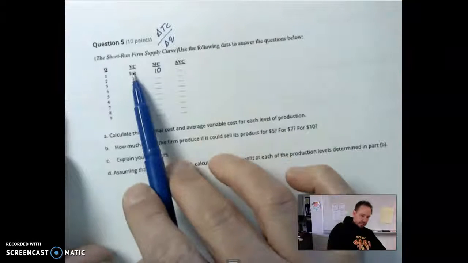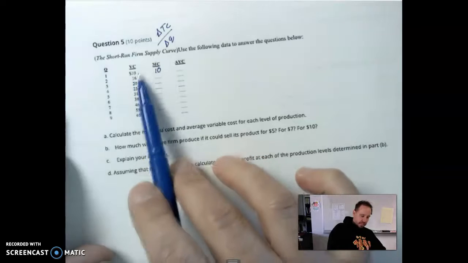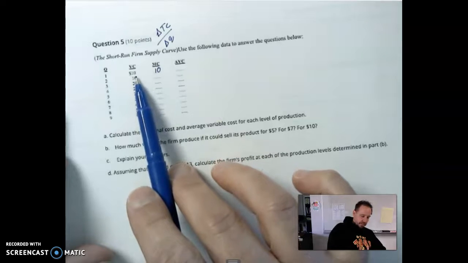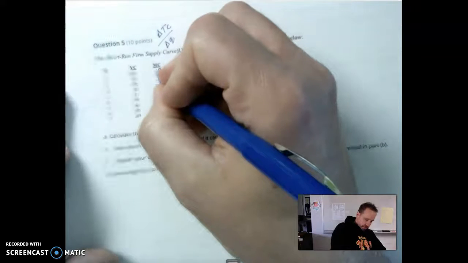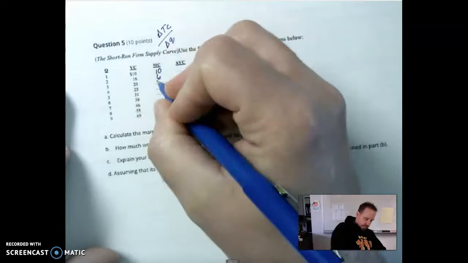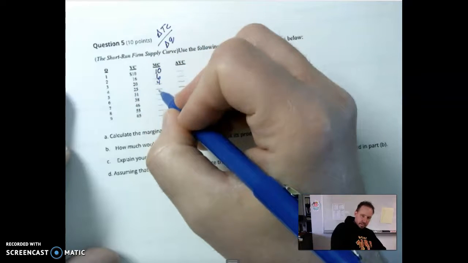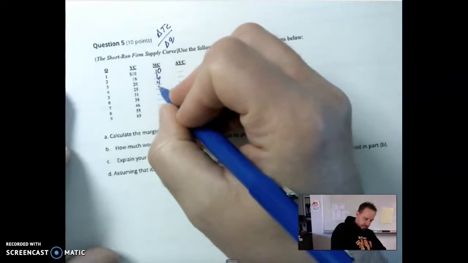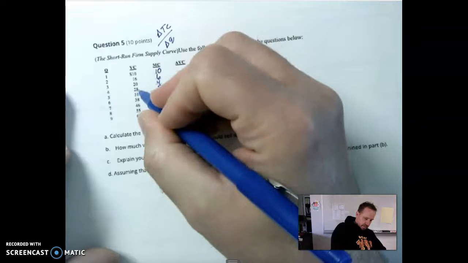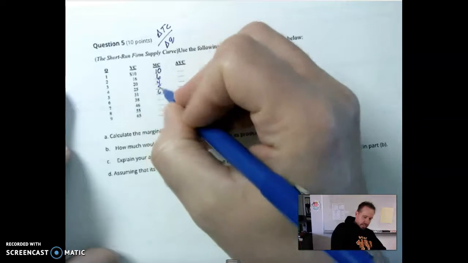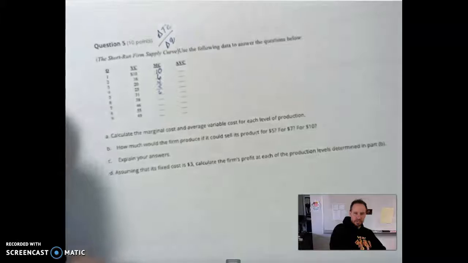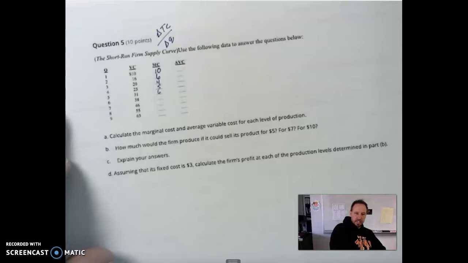Change in variable cost divided by the change in the quantity. Here we're going up by 6, and then 4, and now you can see 5 to 6, and then you can go on down and fill that out.